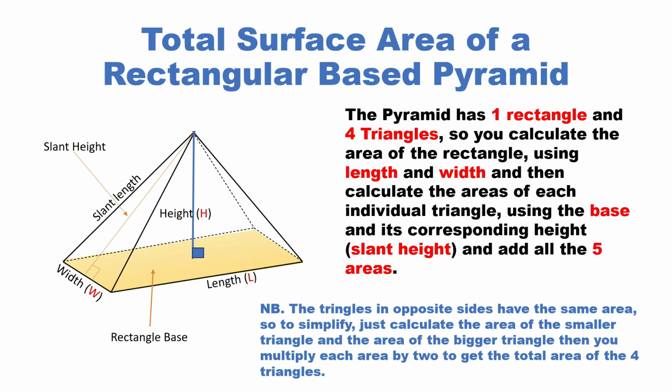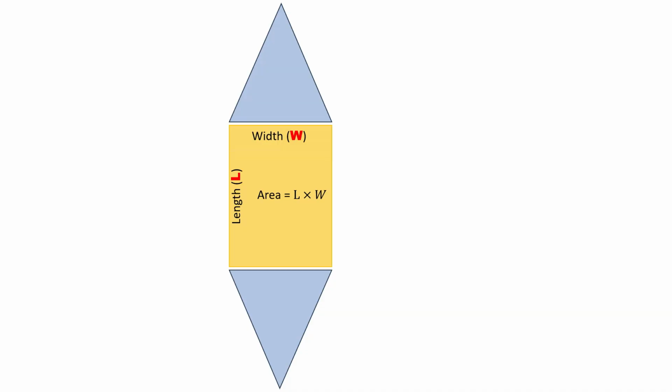Let me break this pyramid into shapes so that it becomes easier to understand. We have this base rectangle with length and width, hence its area is L times W. Then we have 2 similar smaller triangles with the width on the base and with slant height h1 as the height. Hence the area of the smaller triangle is half W h1.